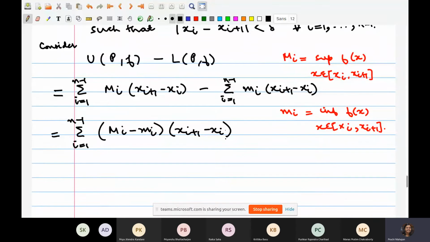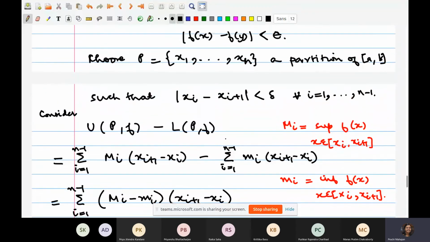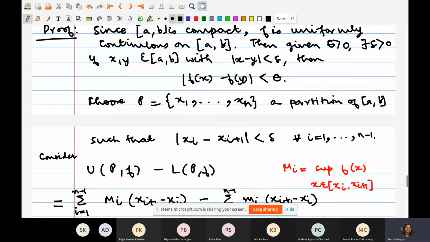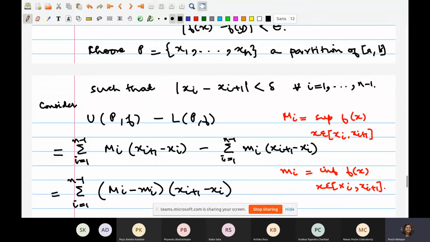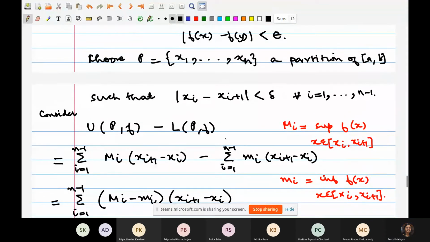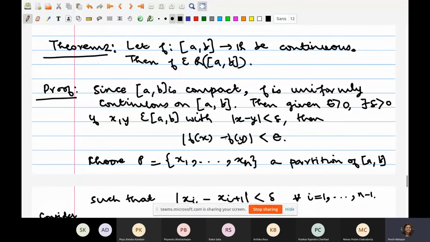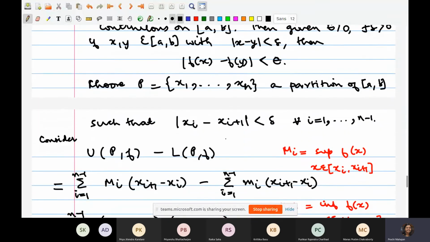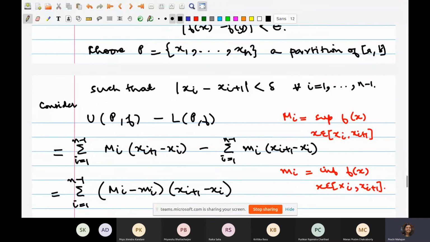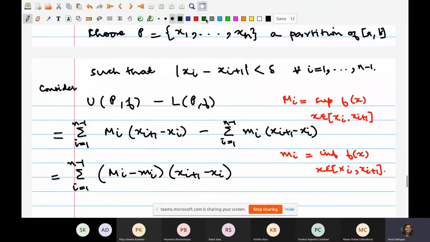Now, what do I say? I'm going to use uniform continuity of f again. And how do I use this? Look here, f is a continuous function on the closed interval AB, which means that the extreme value theorem applies, and the supremum of f is going to be realized at some point of the interval.